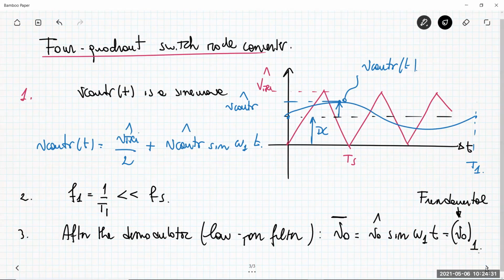This discussion was basically the same we had for the DC converter, in which at the output after the demodulator we have the filtering of a rectangular waveform, and the average of this waveform is a DC quantity that has the same information that we had for the control voltage. That case was a DC quantity. Pay attention that here the average sign is a moving average, so this V naught average is not a DC quantity.